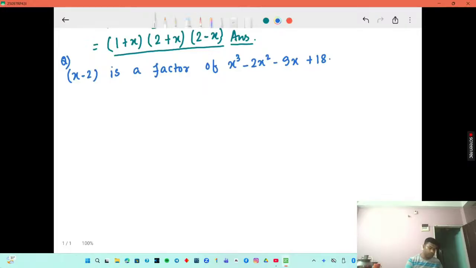So now we have to find the other factors of this expression.